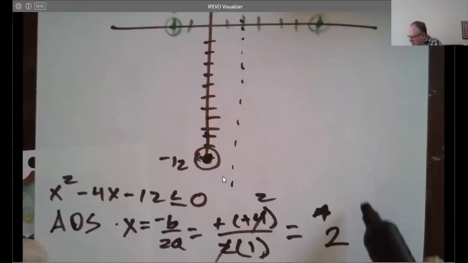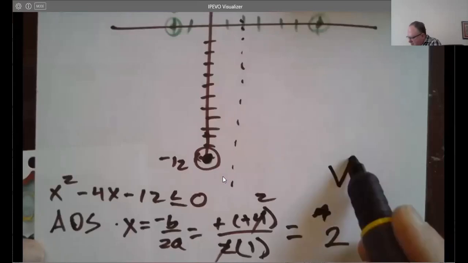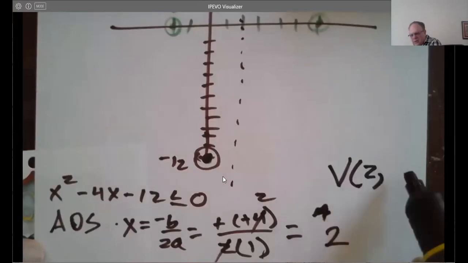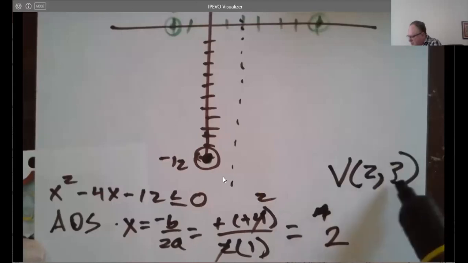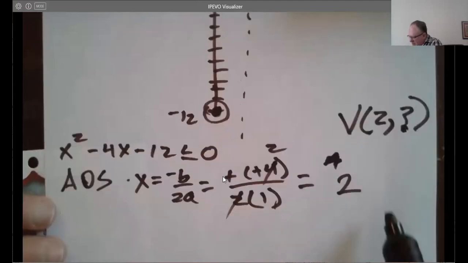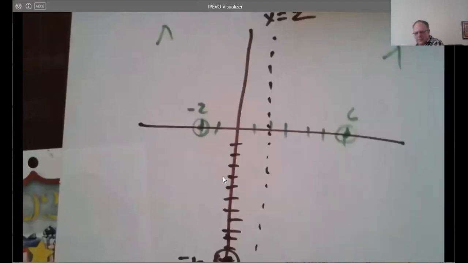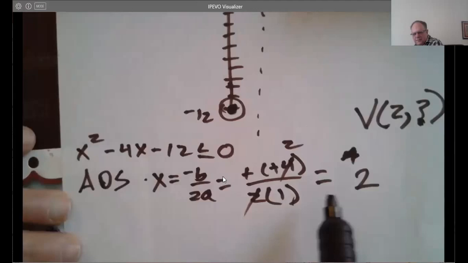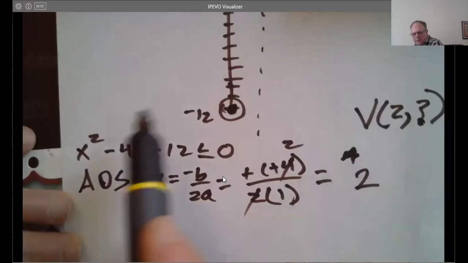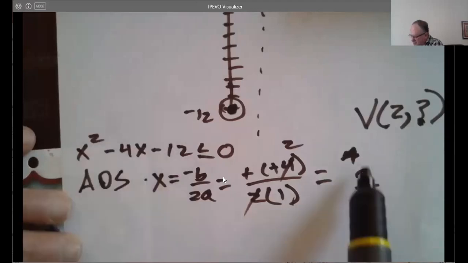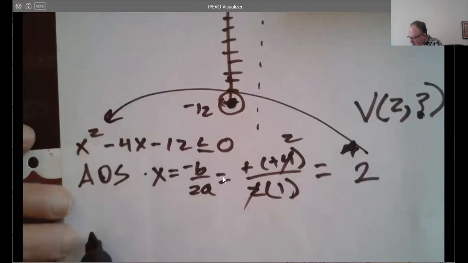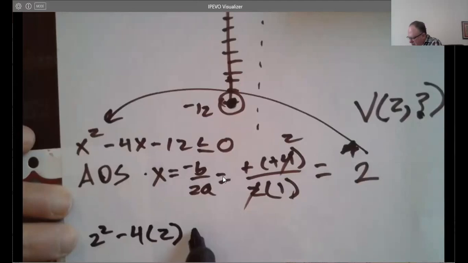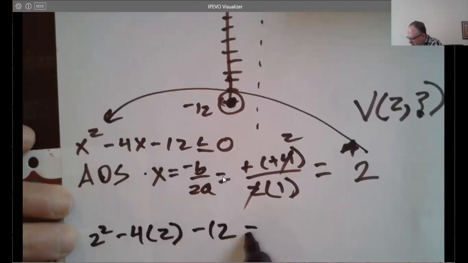So our vertex, we have the x coordinate, but we don't know what the y coordinate is. That's a question mark. So what do we do to find the y coordinate? We plug it back in, right? So this will be 2 squared minus 4 times 2 minus 12.